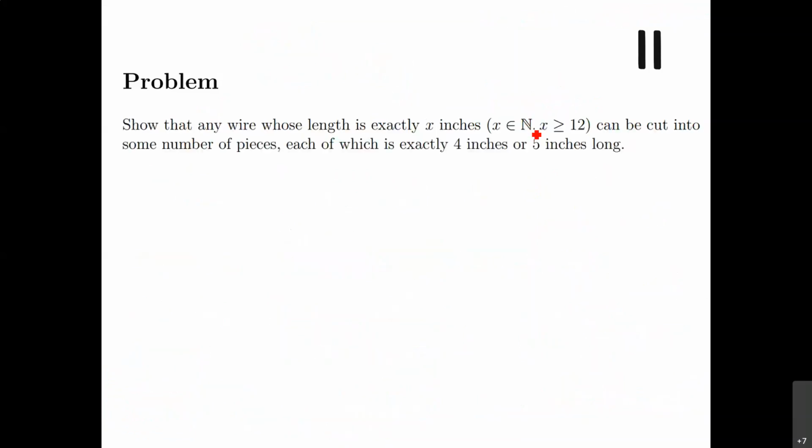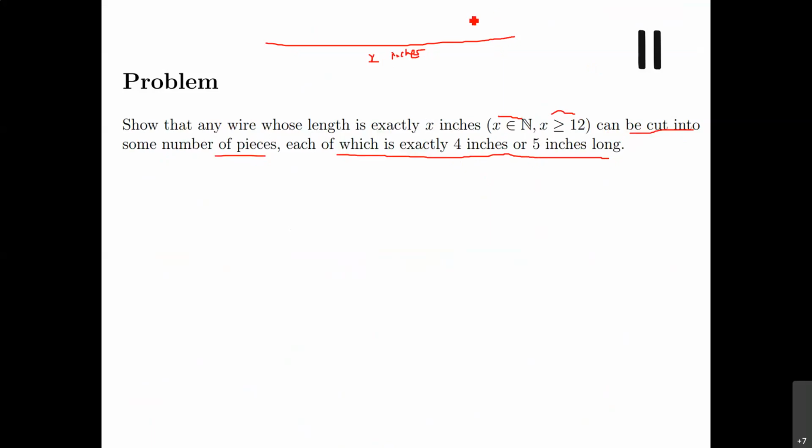One more question. Take a couple of minutes to try to do this, but what we're trying to prove here: show that any wire, which is exactly x inches, or x units of measurement, such that x is a natural number and it's greater than 12, can be cut down into some pieces, each of which is exactly 4 inches or 5 inches long.